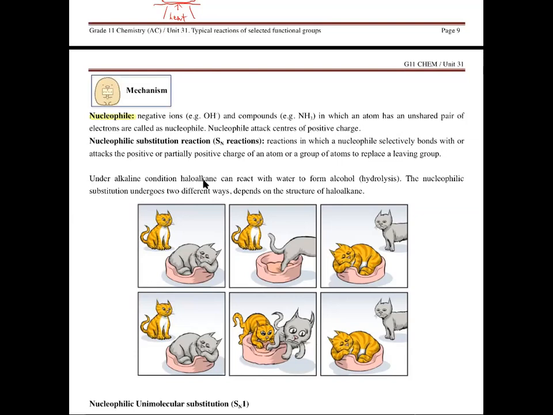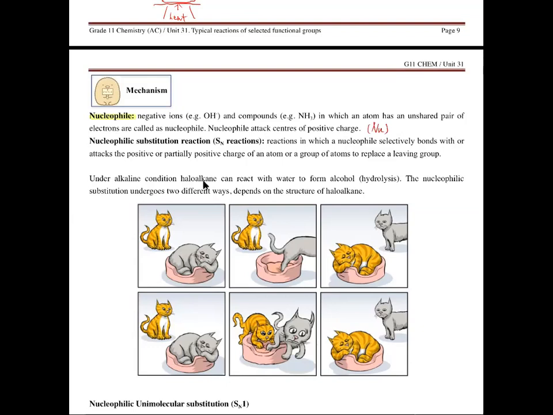For nucleophile, sometimes when you look at the mechanism, it might be represented by Nu. If it has a charge, then it's going to be Nu minus. And then the second term you need to remember is a nucleophilic substitution reaction. For short, we write SN reaction: substitution with a subscript of capital N to represent nucleophilic.